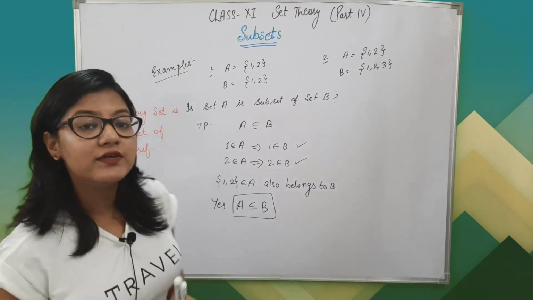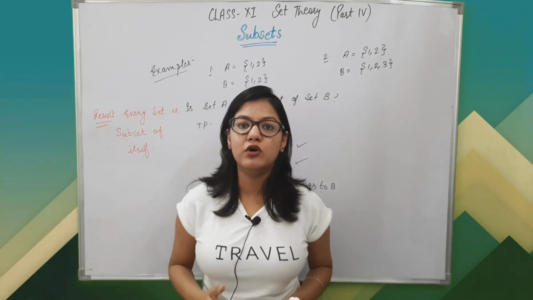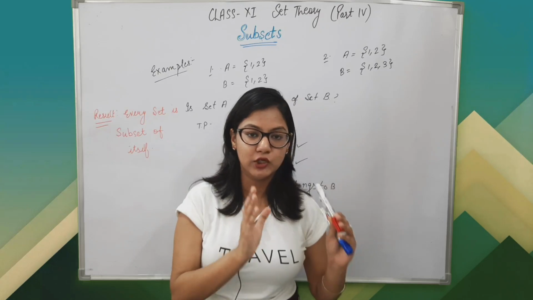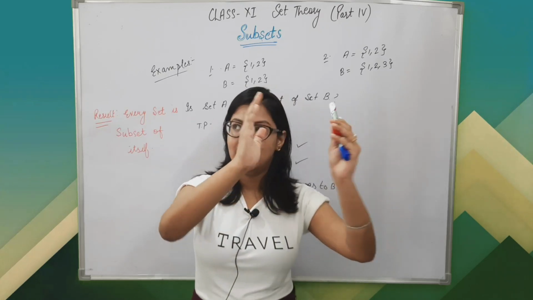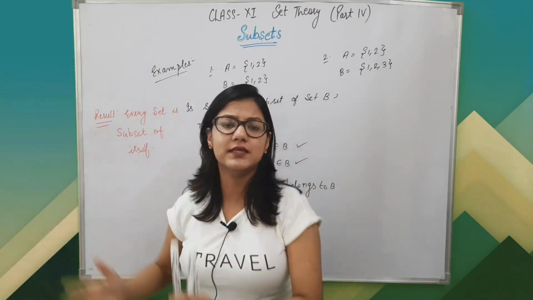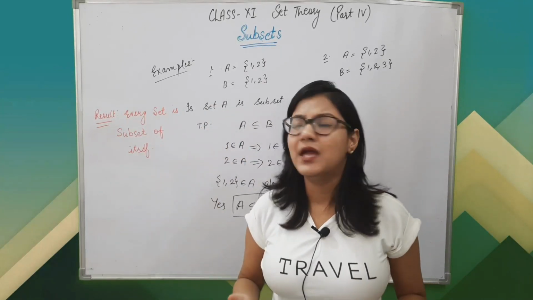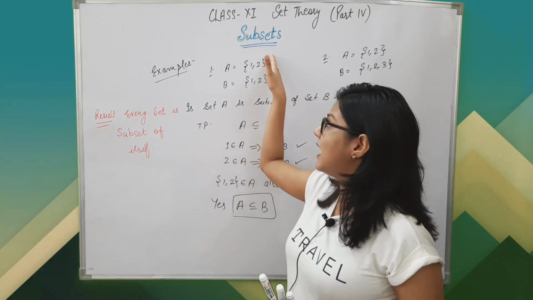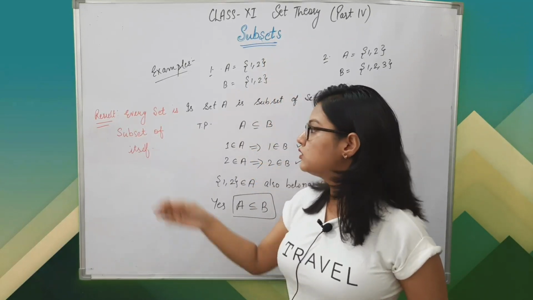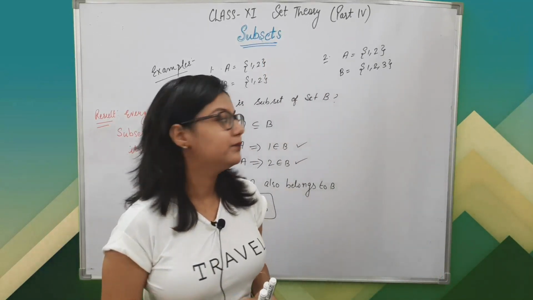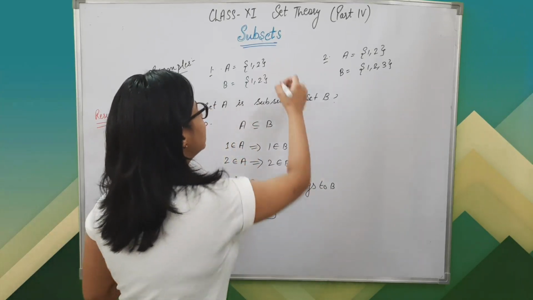This is very obvious: if you want to prove that every element of this set is an element of the other set also, but both the sets are the same, then it is very obvious that they will belong, right? So this is your result number 1. Okay, let's move to the second example.